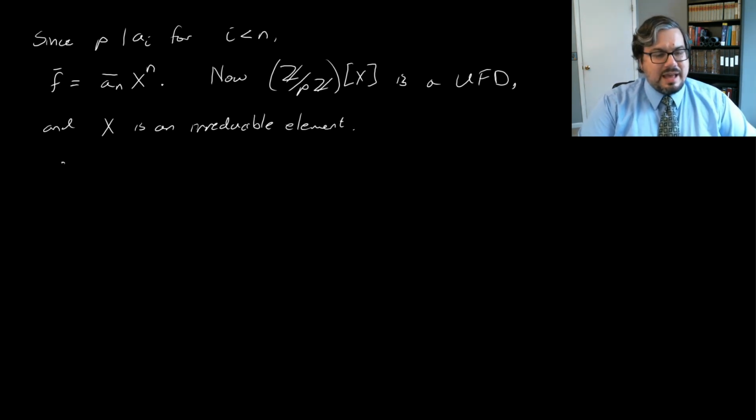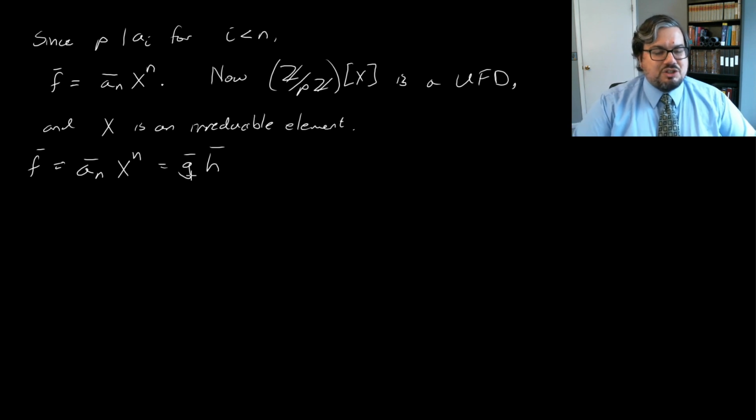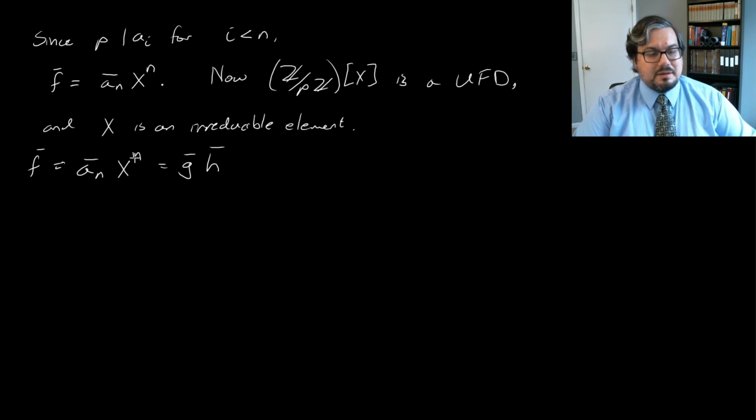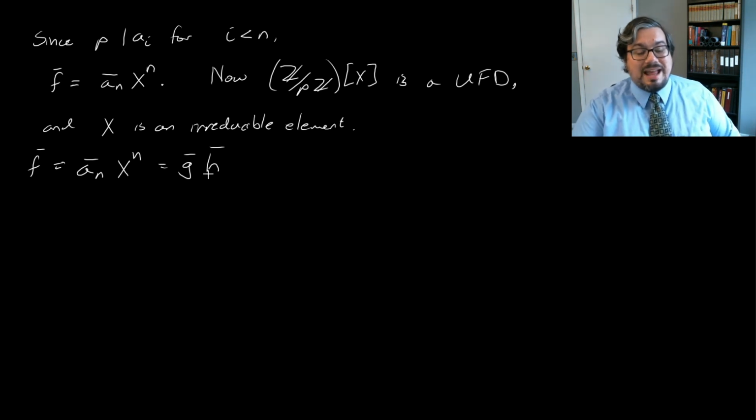So, since we have that a_n bar x to the n is equal to g bar times h bar, that means that the g bar and the h bar together must simply be powers of x with some coefficient. Because factorization into irreducibles is unique.